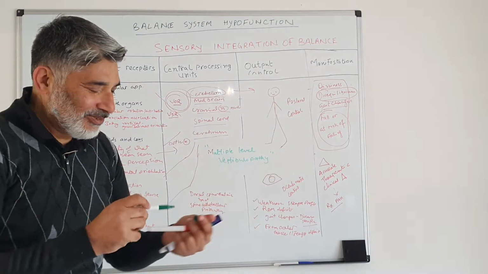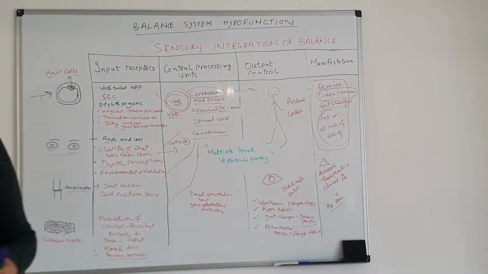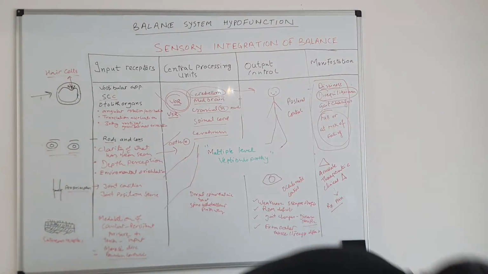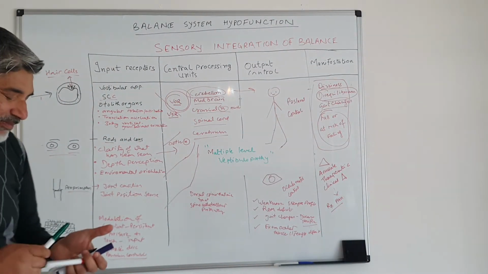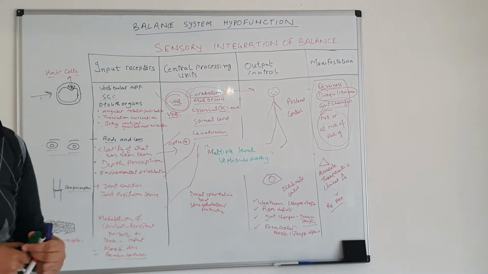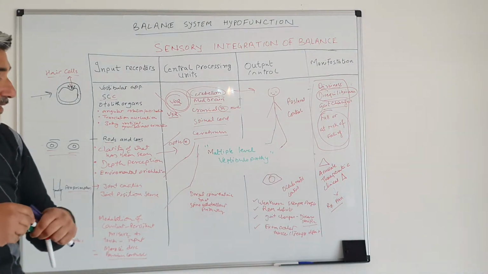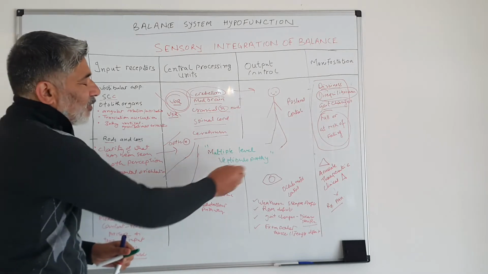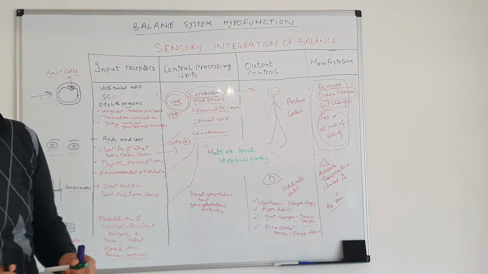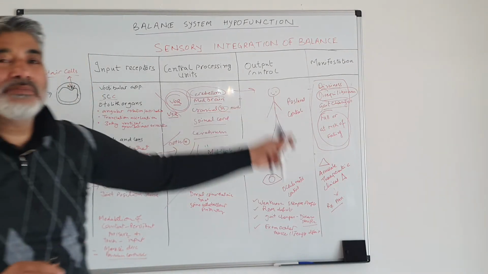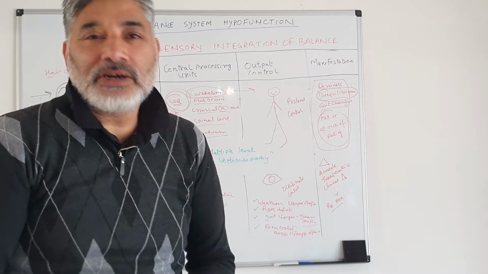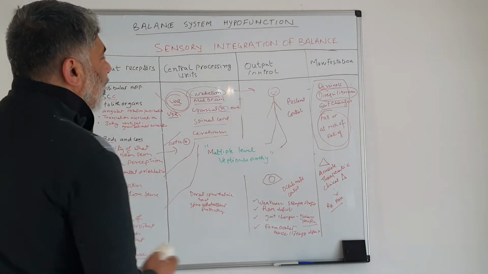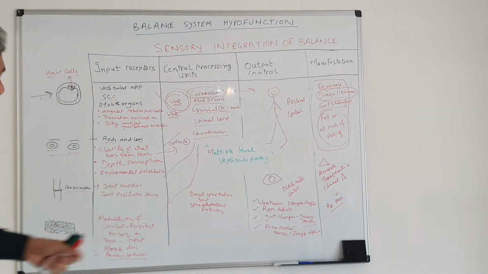So what to do in this situation? You need to prioritize what is more important. Sometimes it is difficult to make an accurate decision, but this is what you see. A majority of the elderly population have multiple level hypofunction. So now I'm going to the VOR reflex. I hope this makes sense to you all.